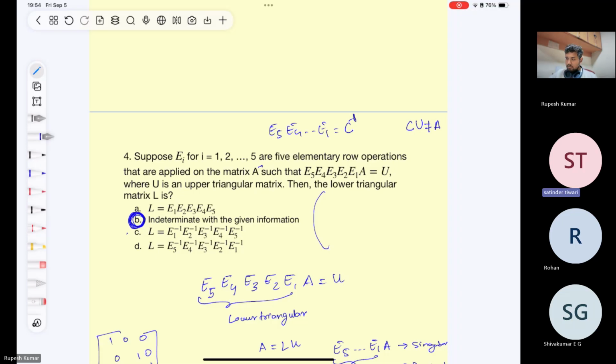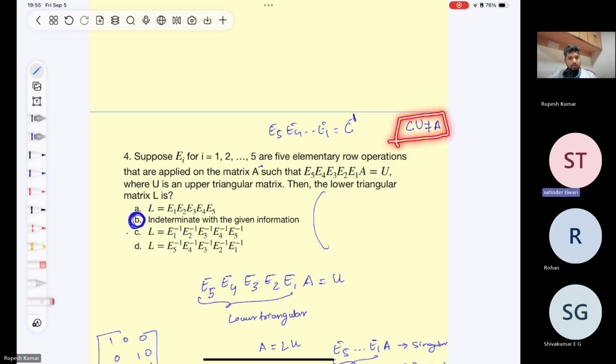I'm saying if U is the upper triangular matrix and it is satisfying that part, then definitely C should be a lower triangular matrix, and only then will it be equal to A. Otherwise this equation is invalid. So you are saying the operations that we are applying, CU will not be equal to A, right?